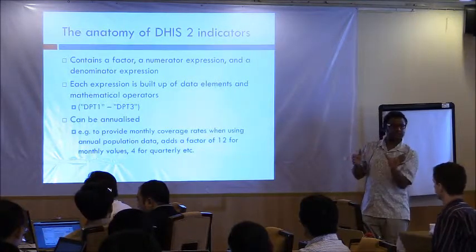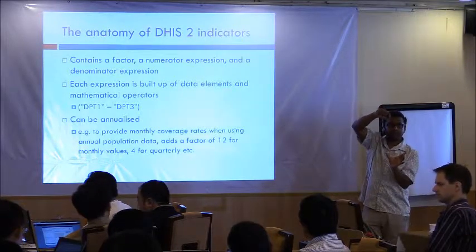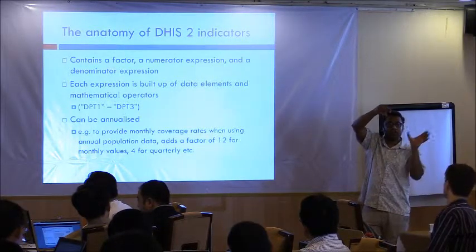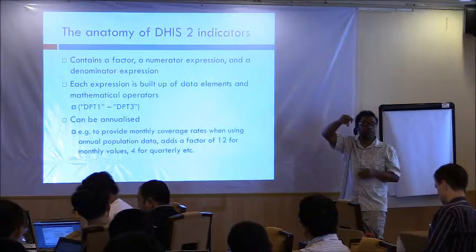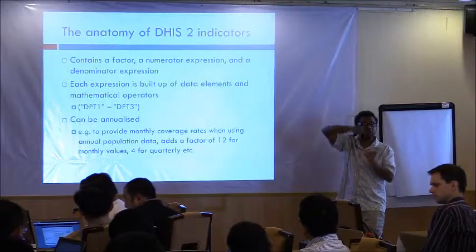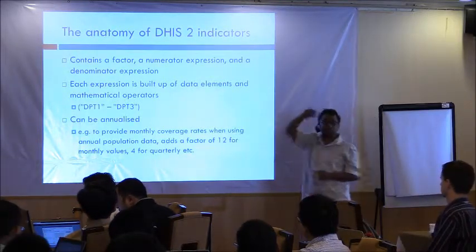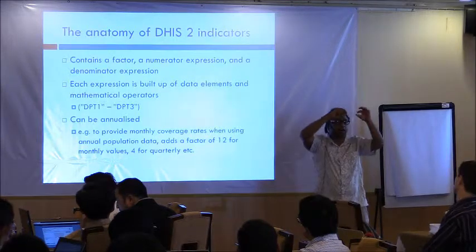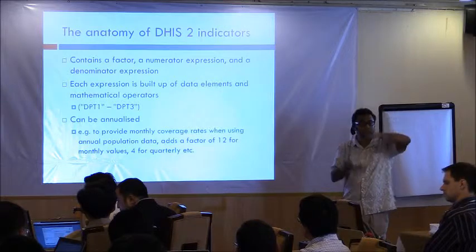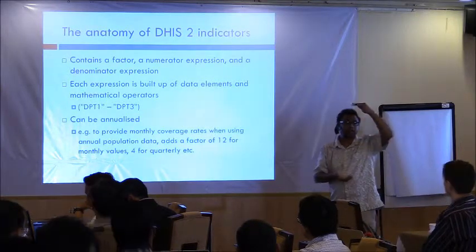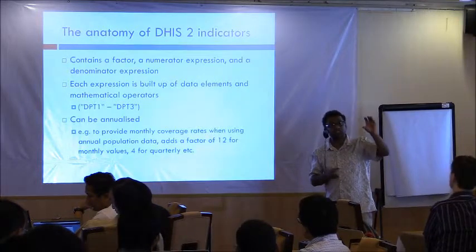Monthly BCG given is 30, but your population of children under 1 year is 1,000. You can't compare these two. What we do is annualize it. That means we multiply the numerator by 12, so we can compare them in the same periodicity. Annualization is very important.